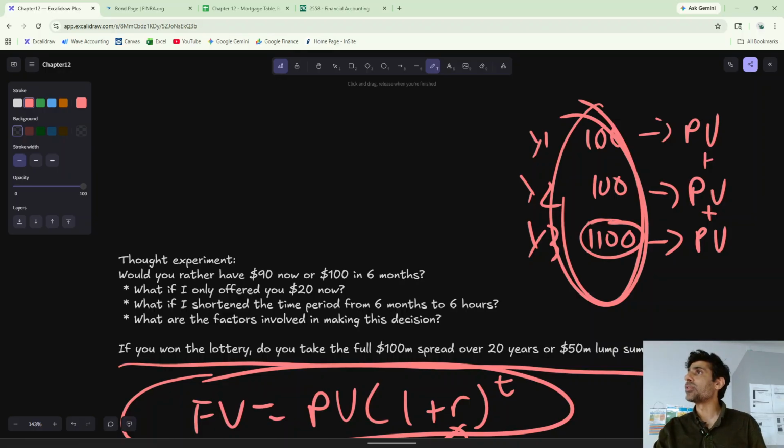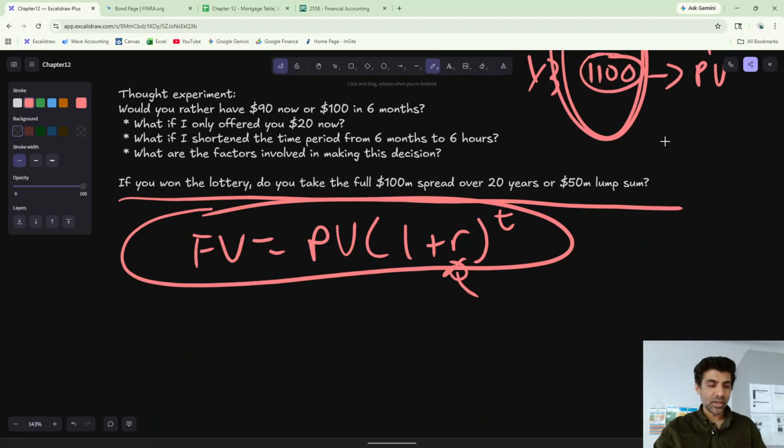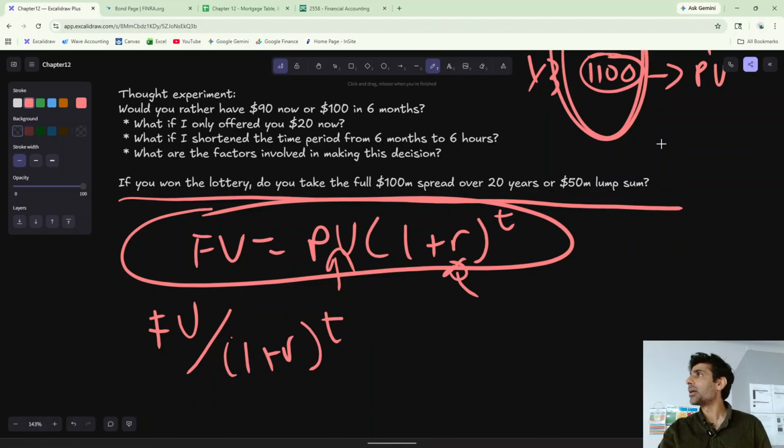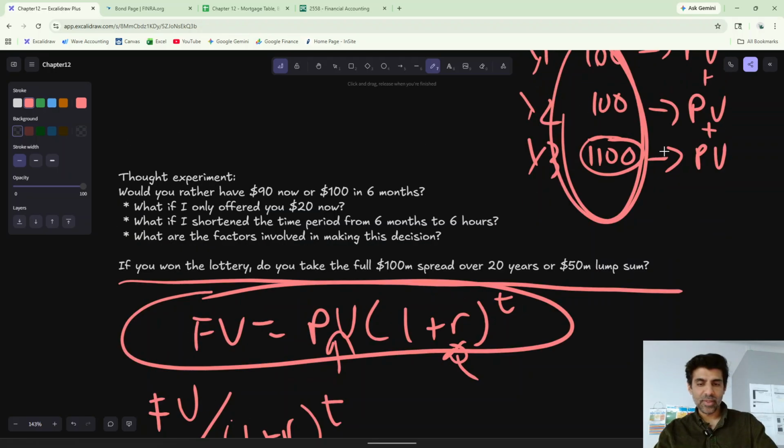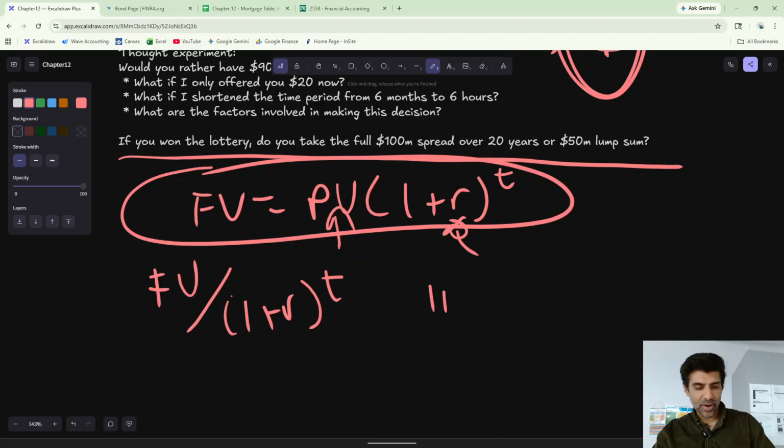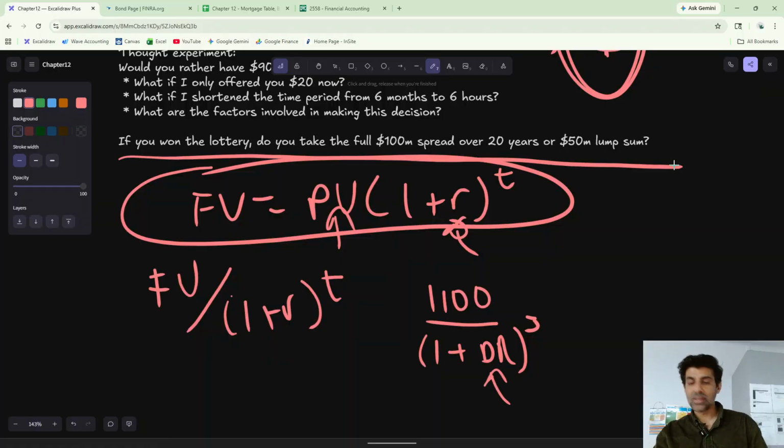This is $1,100 in 3 years. If I want to know what that $1,100 in 3 years is worth to me right now in the present, I have to solve this equation for this term. So how do I do that? I do future value divided by 1 plus r to the t power. In the case of this 1,100, it would be 1,100 divided by 1 plus some discount rate, which I'm going to leave as a variable, over 3. And this discount rate is a yearly discount rate.